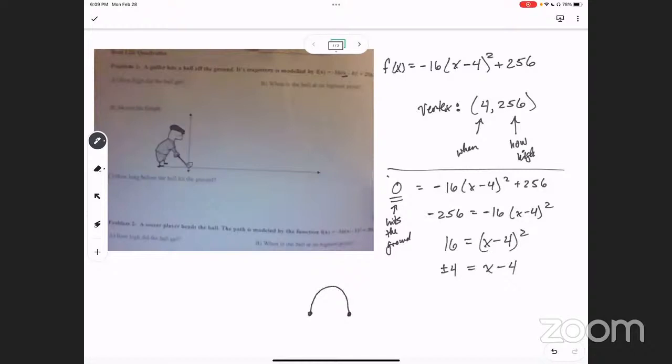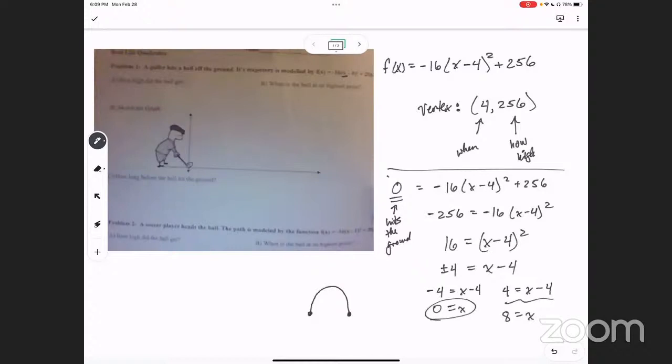So one of the places is where it's negative 4, and one of the places is where I plug in positive 4. So this answer equals x equals 0, which makes sense, right? And for this answer, x equals 8.